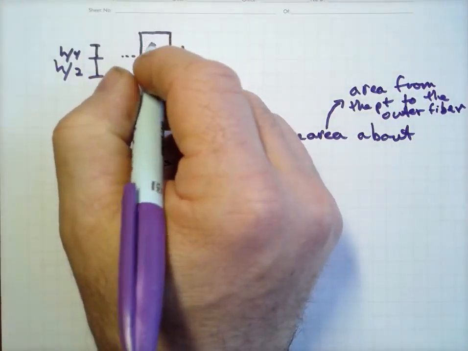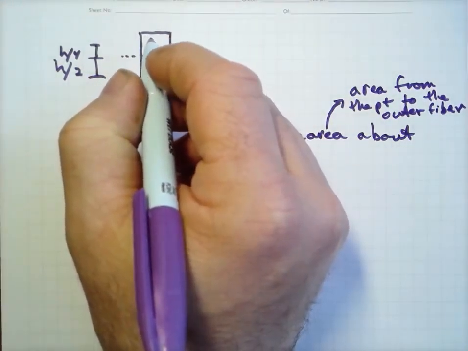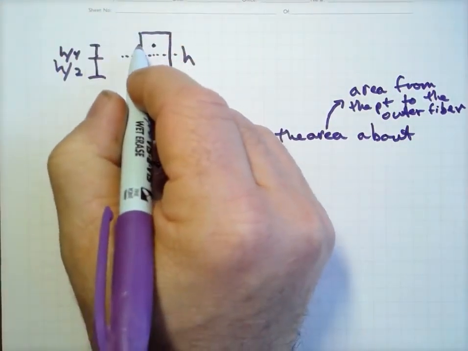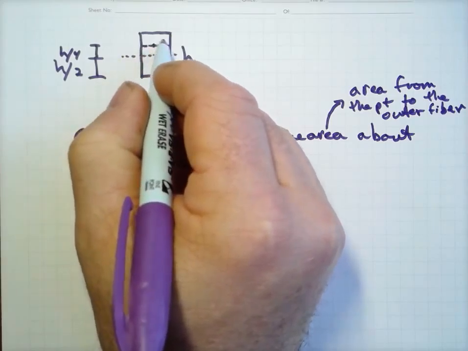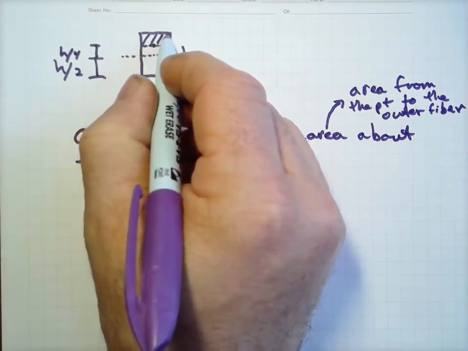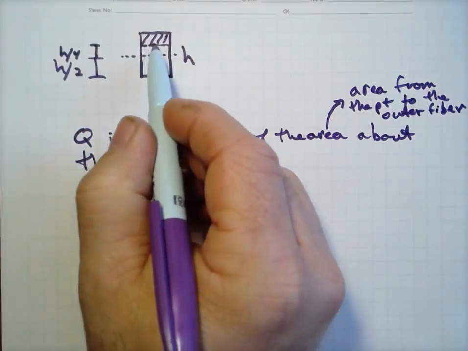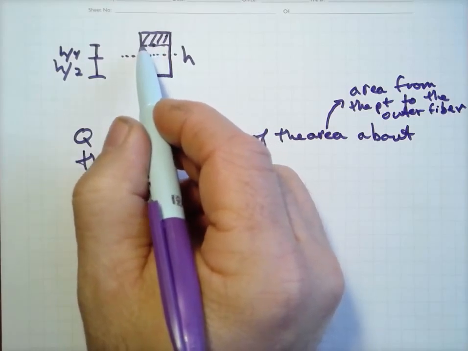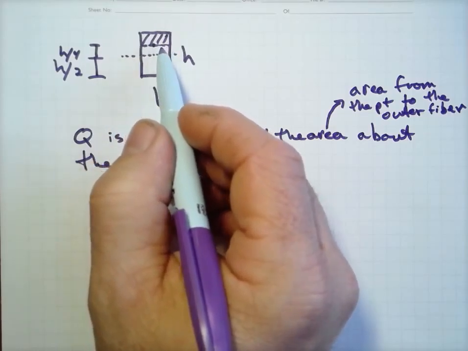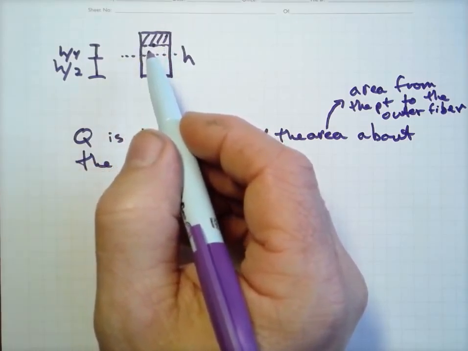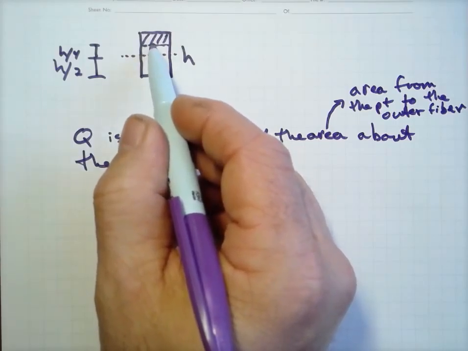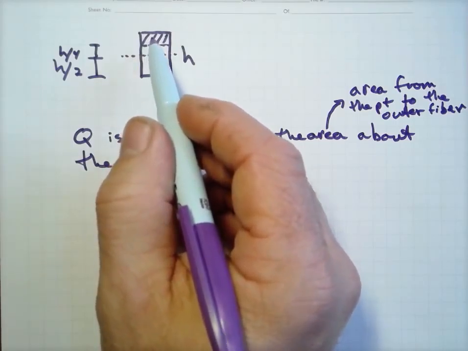So I go to my point, and the area from my point to the outer fiber would be the area that I've just cross-hatched. You pick the point where you want to find Q, and you draw a little line, and you push all the area that is from that point outward to the outer fiber.